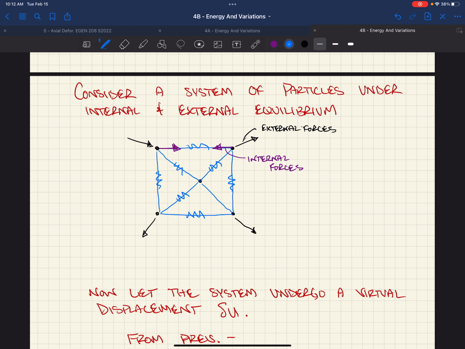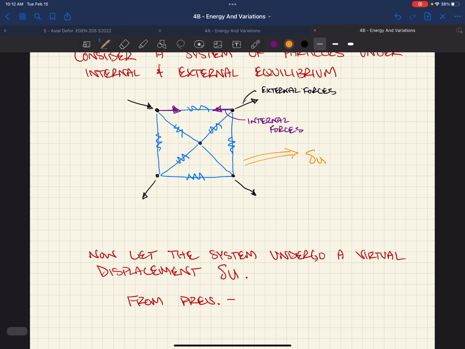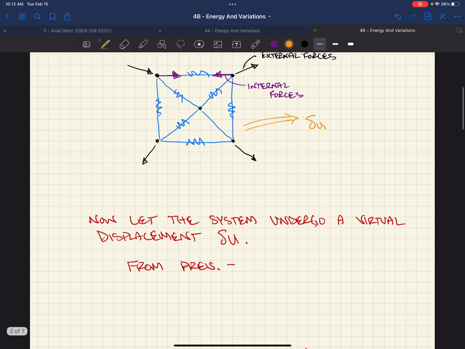So if we let this entire system now go through some virtual displacement, delta U. Well, from the previous, as we saw, delta work of the jth particle equals 0 if we're in equilibrium.